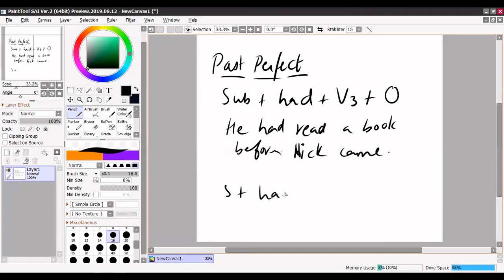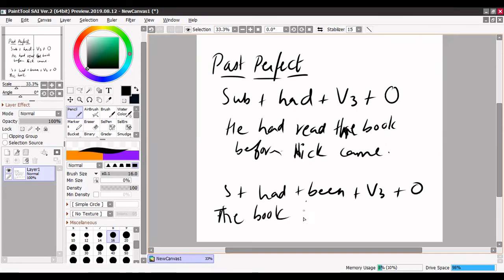and then the sentence changes into: the book had been read before Nick came. So you can just simply remove the subject from here, or you can just include him: the book had been read by him before Nick came.